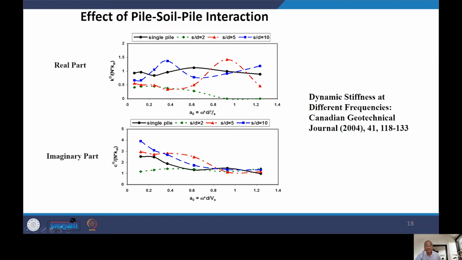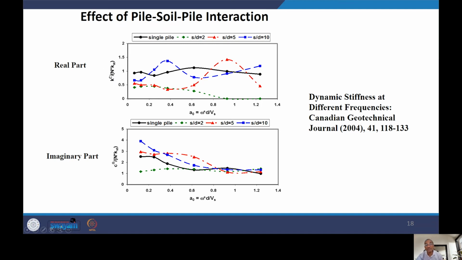What has been done? The X-axis is the same as before, that is the normalized values of frequency. But on the Y-axis, you have values normalized with respect to static stiffness. So you have Kg, which is the group stiffness, divided by N, the number of piles, times the static stiffness Ks.